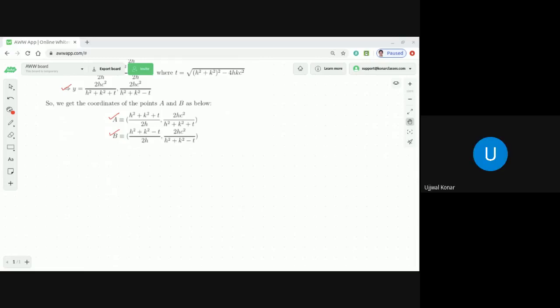Okay, great. Then what we can find: if you recall, what are M1 and M2? M1 and M2 are the slopes of the lines OA and OB, correct or not? As we found the coordinates of the points A and B, we can find the values of M1 and M2 as well.